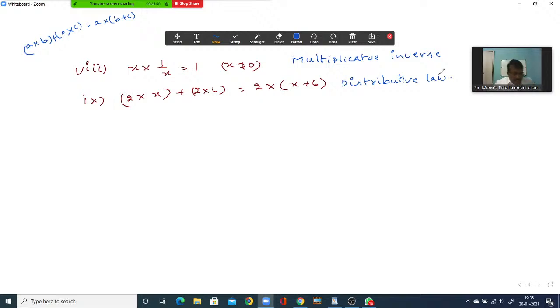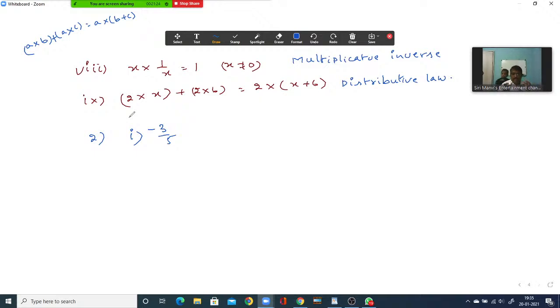Write the additive and the multiplicative inverses of the following. So the second question is on page number 19. As we already told, what is the additive inverse of minus 3 by 5?